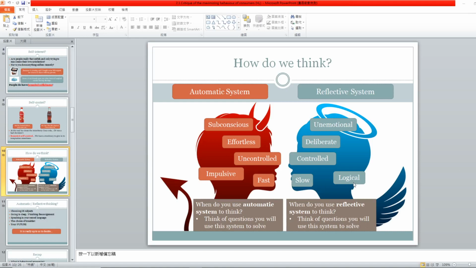Give me some examples of reflective system, like what kind of questions would you have when you have to use reflective system. So try to come up with the questions when you have to use reflective system to digest, to elaborate, to analyze.